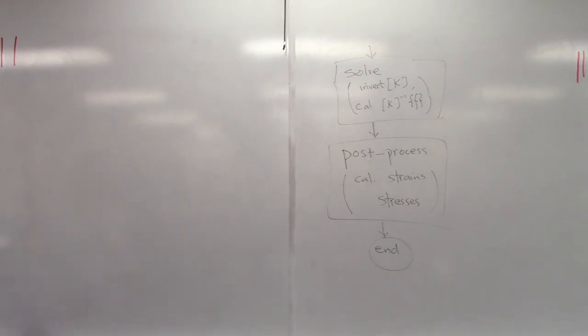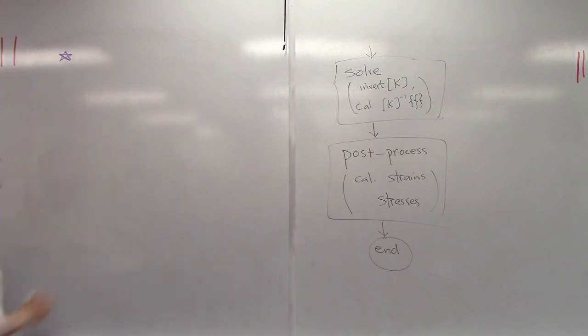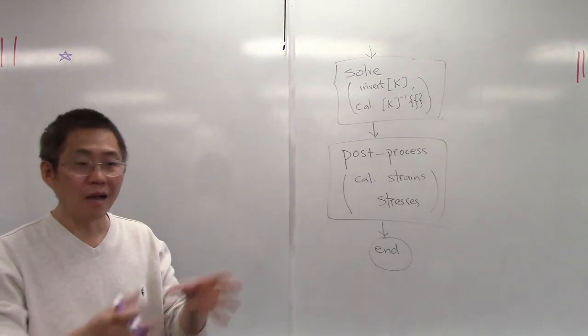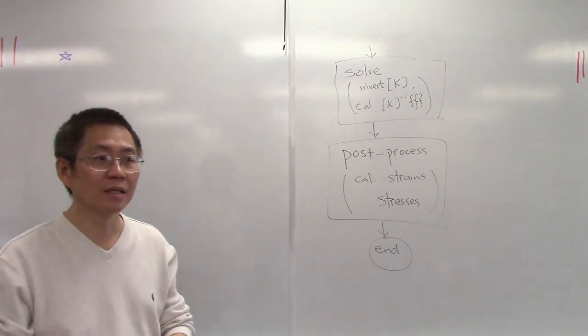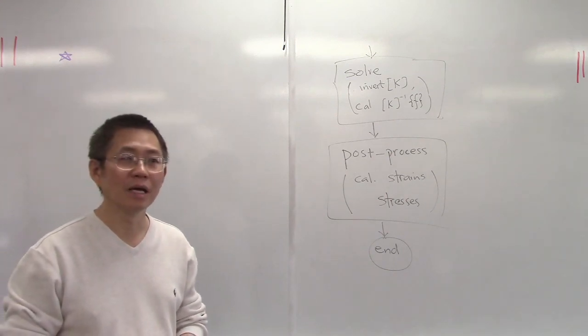A newcomer, a new programmer, or somebody who is new to programming has the tendency to put everything together and hope, now I have all the things and run it, it will run successfully and get a result. That never happened, okay?